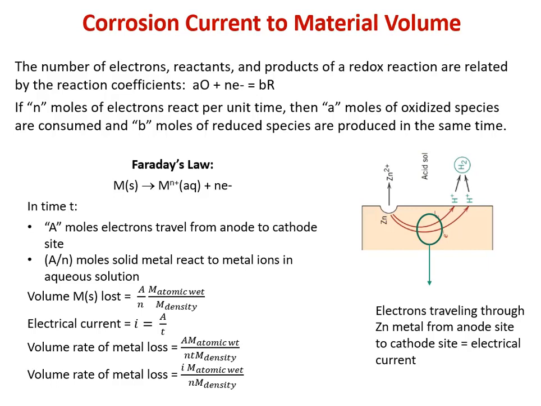B and N are related in the reaction. So if we had, say, 2 electrons leading to 3 moles of some reduced species, we'd know if we corroded it, for every 2 electrons that passed, we'd lose 3 moles of metal. So we can use that relationship, and we can use the charge on an electron through what we're going to derive as Faraday's law to relate those.